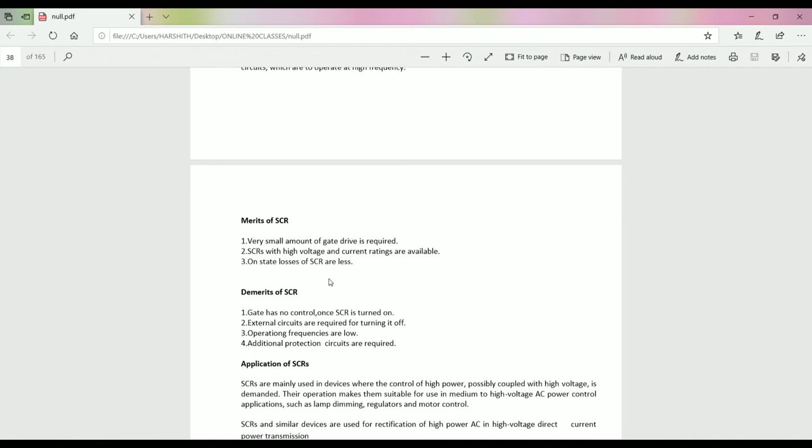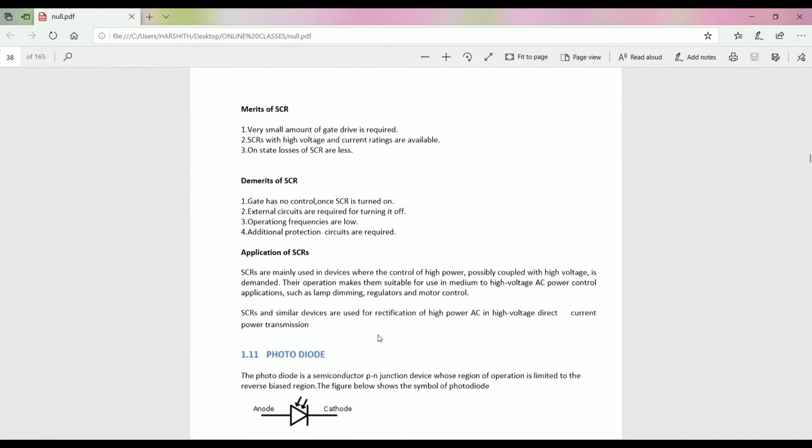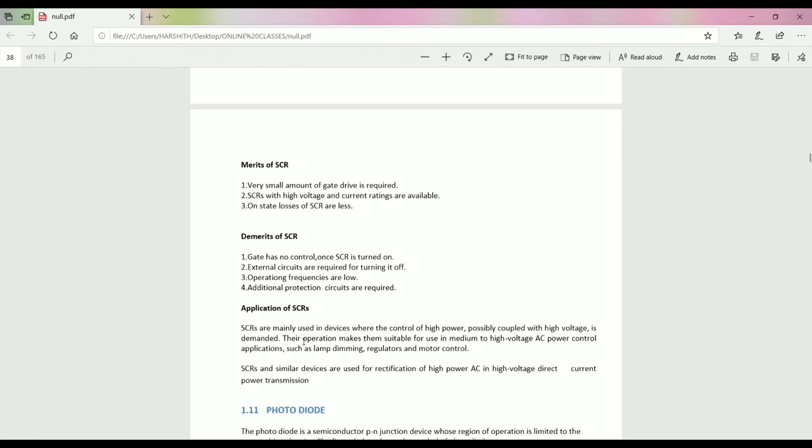External circuits are required to turn it off. Operating frequencies are low. Additional protection circuits are required. Applications of the SCR: they are mainly used in devices where the control of high power, possibly coupled with high voltage, is demanded.